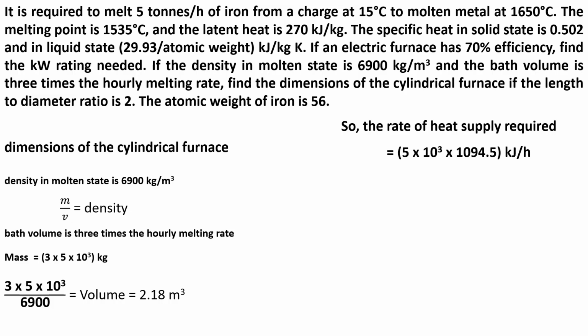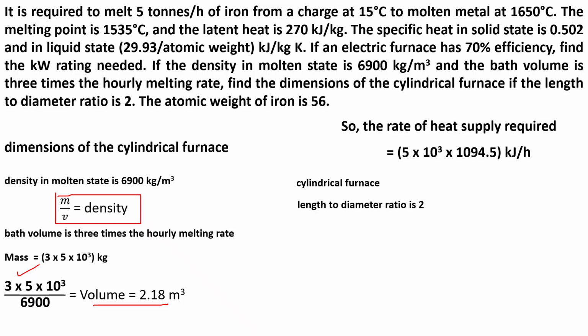So the mass equals 3 into 5000 kg. Substituting in the density formula, we get the volume. We know the mass, that is 3 into 5000, and the density value is 6900. Then 15,000 divided by 6900 equals 2.18, so the volume equals 2.18 meter cube.